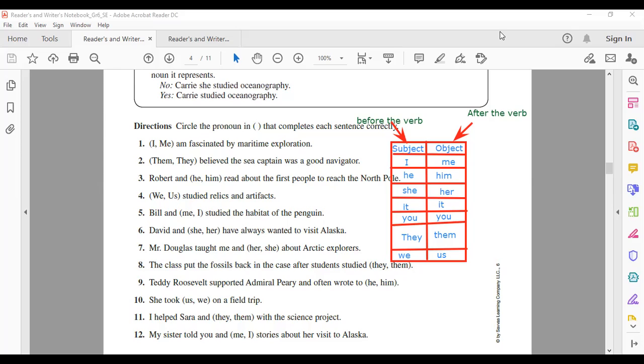Excellent. Why did you choose I? Because I can't say me am fascinated. Where is the verb? The verb is am. So it has to be a subject and a verb. It is a subject that comes before it, so I will choose I. Excellent. Let's go for number two, Watin.